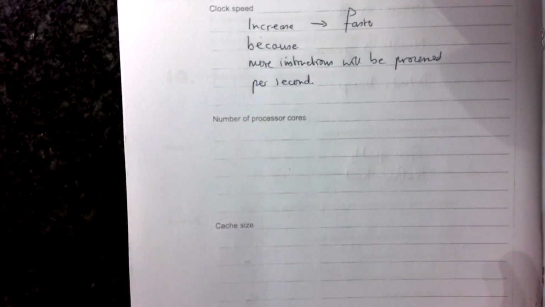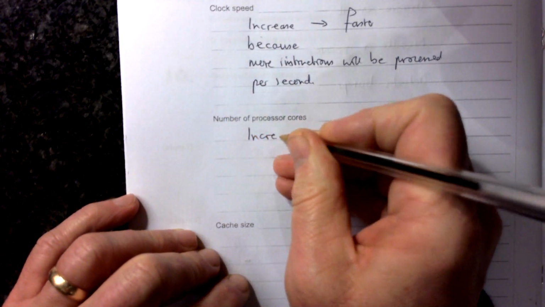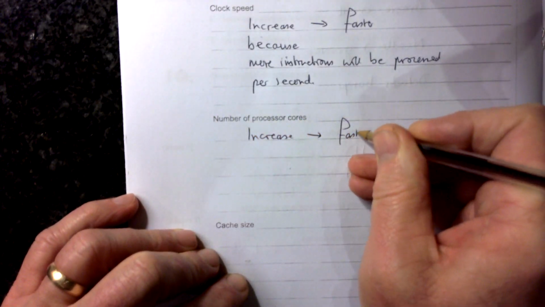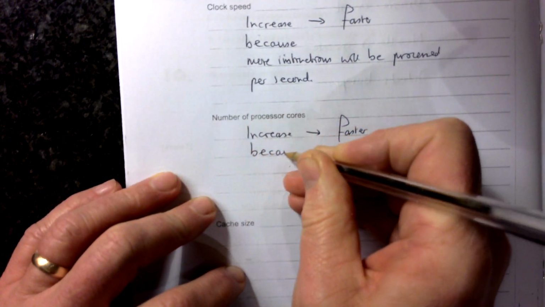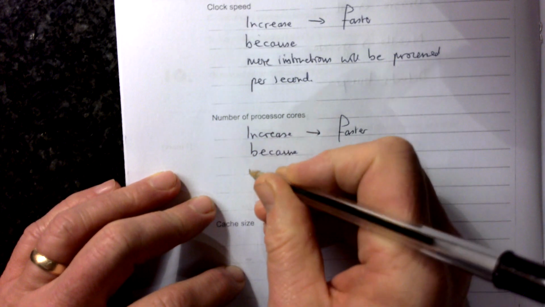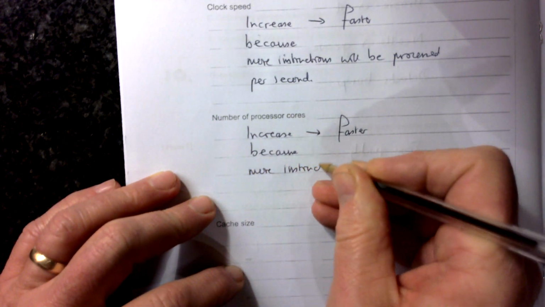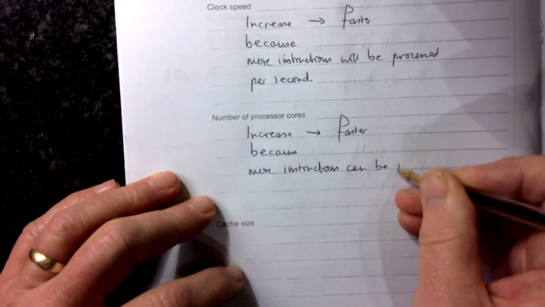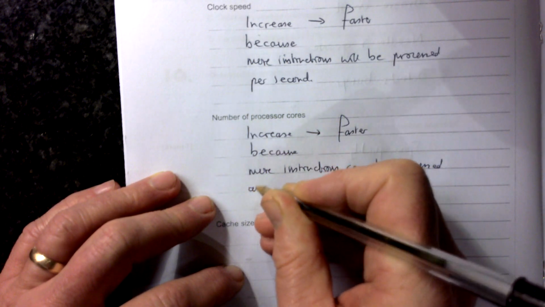Number of processor cores. So increase the number of processor cores, and it goes faster. There's one mark. Because, why? Because more instructions can be processed, and now here's your critical one, at the same time.